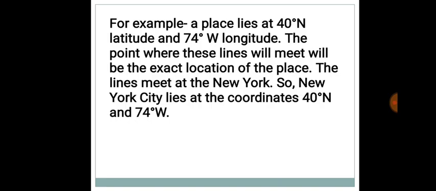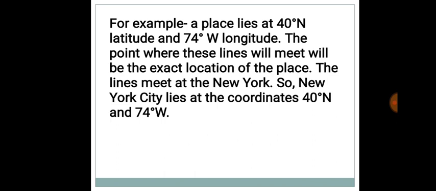For example, a place lies at 40-degree north latitude and 74-degree west longitude. The point where these lines meet will be the exact location of the place.